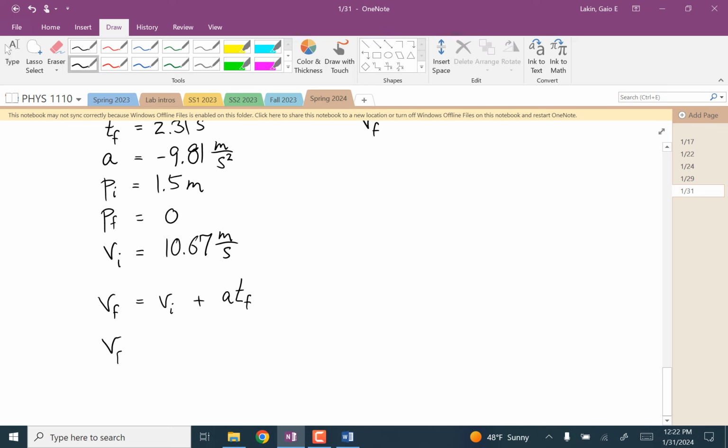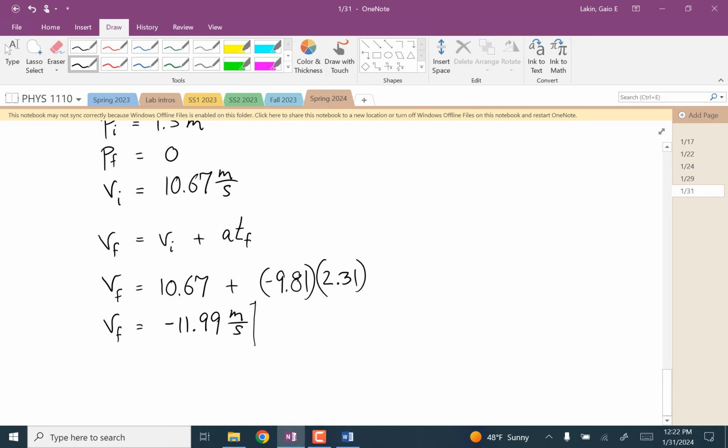So V final is equal to 10.67 plus negative 9.81 times 2.31. And so V final is equal to negative 11.99 meters per second.